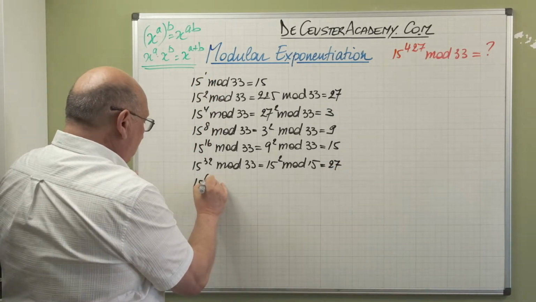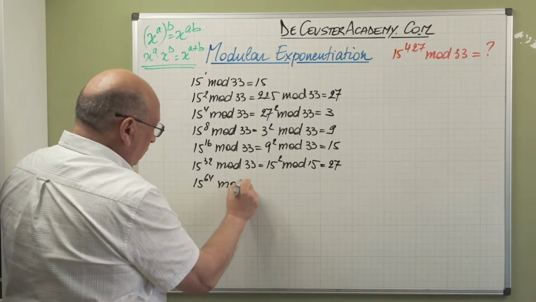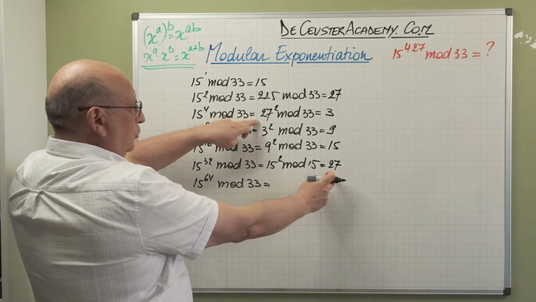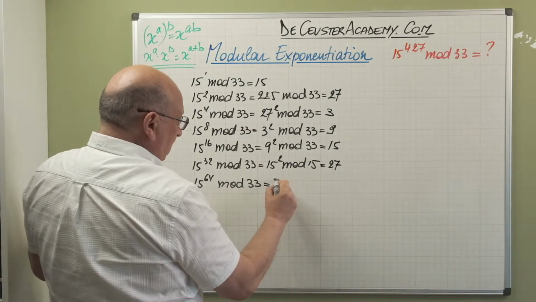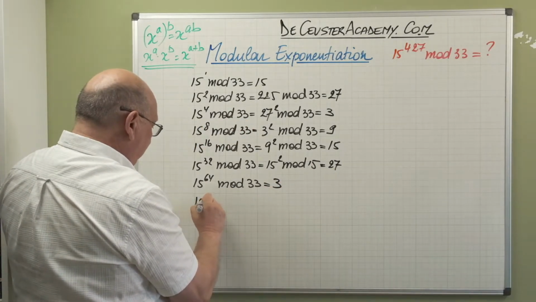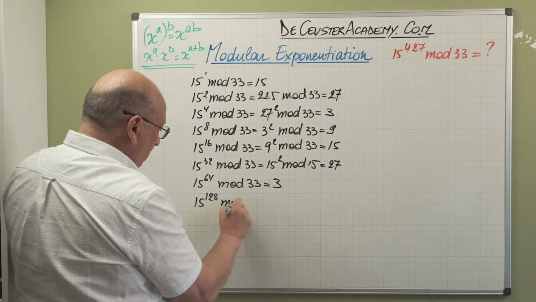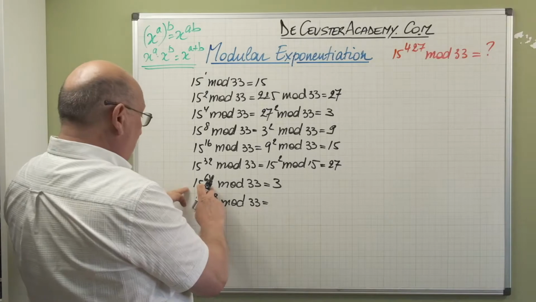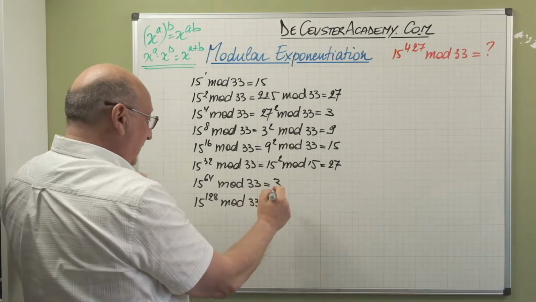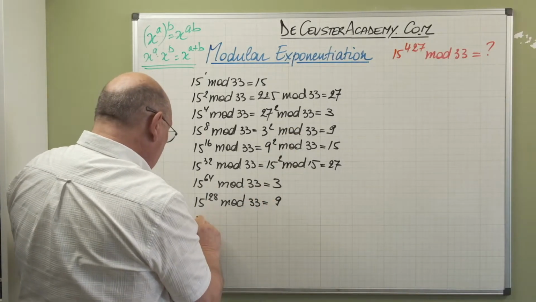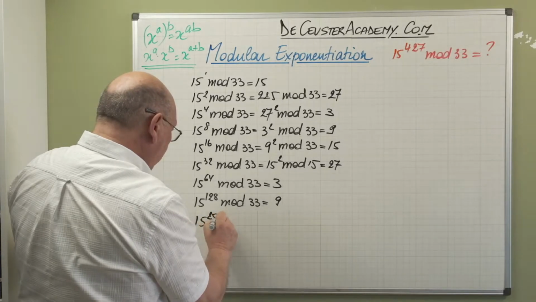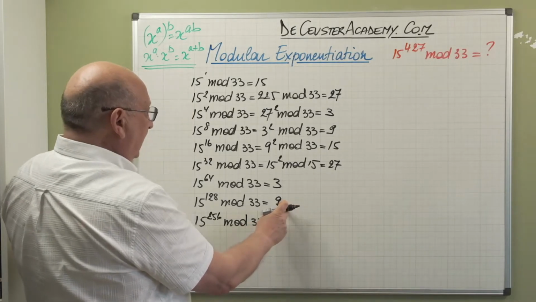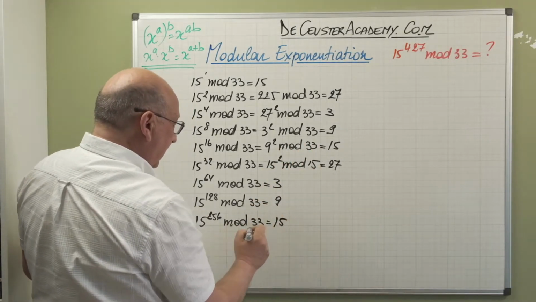Then I have 15 to the power 64 modulus 33 is 27 to the power 2 modulus 33 is 3. 15 to the power 128 modulus 33 is the square of this, 3 to the square, so that's 9. And 15 to the power 256 modulus 33, 9 to the square is 15 again.